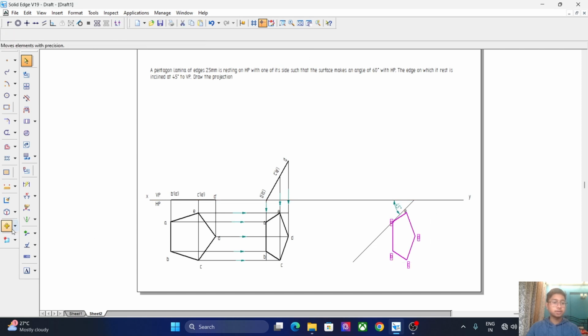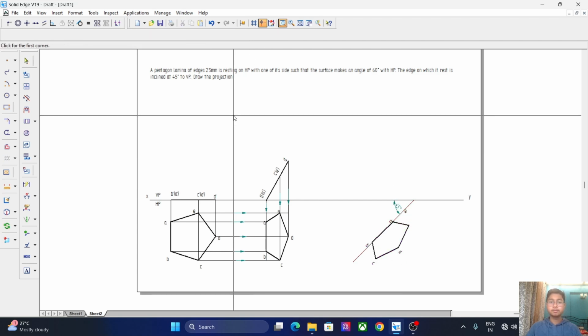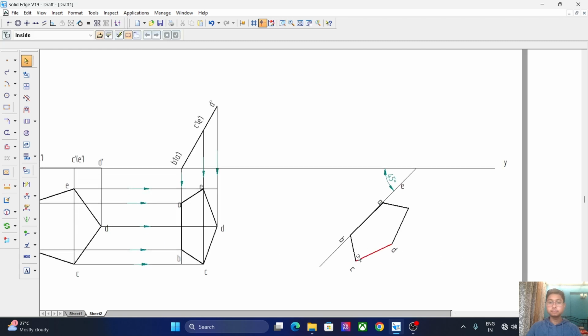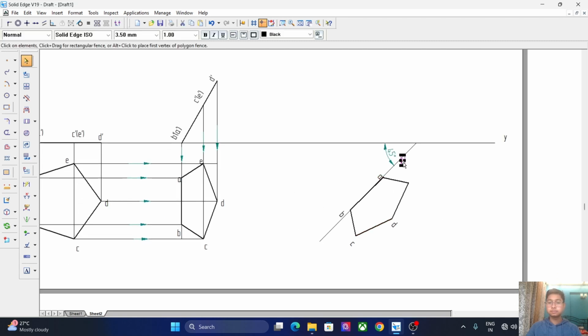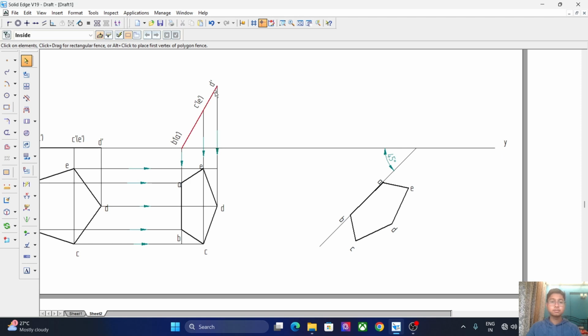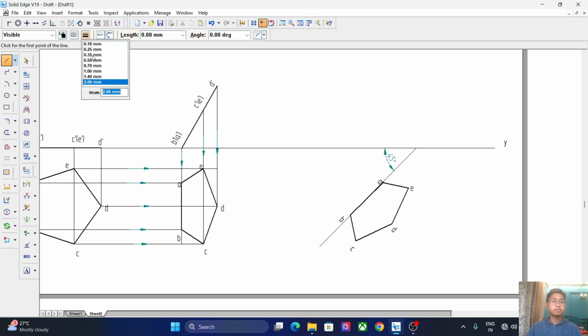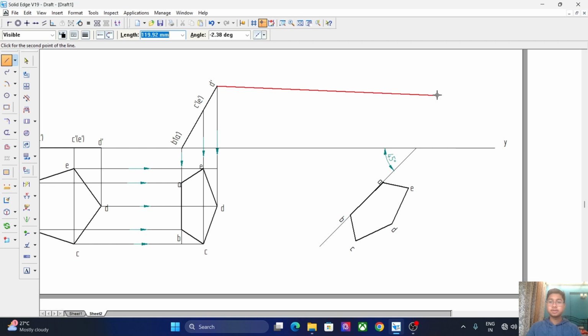Okay, now we will select this pentagon, and we will move it. Now we have to rotate this. So we'll use the rotate function. Now we will rotate the axis. Now we will extend these lines.